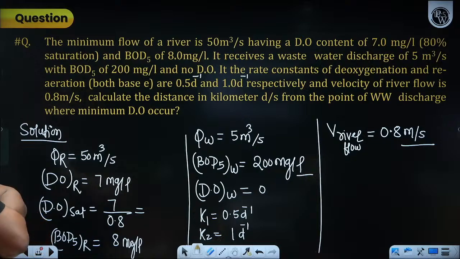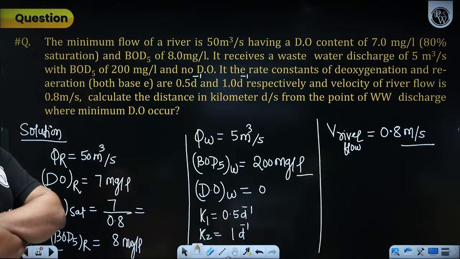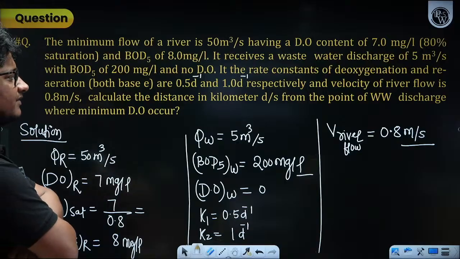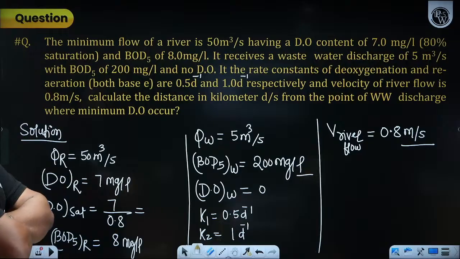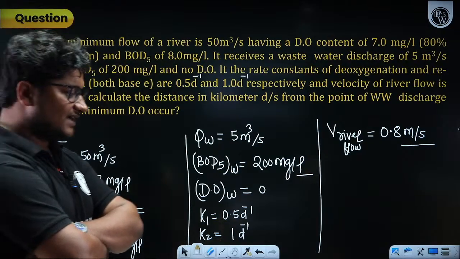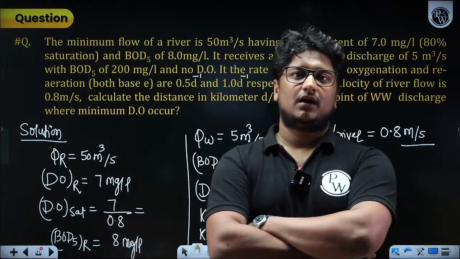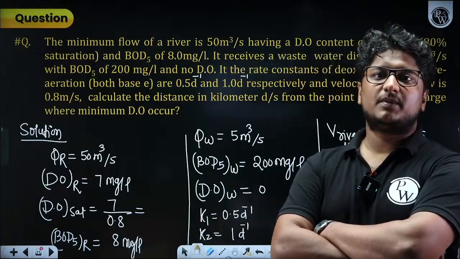Calculate the distance in kilometers downstream from the point of wastewater discharge where minimum DO occurs. That means they are asking about the critical oxygen deficit, where you get the minimum DO.